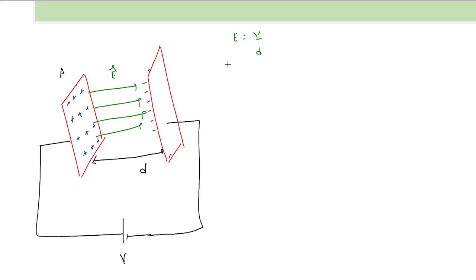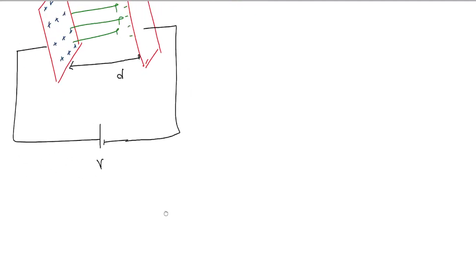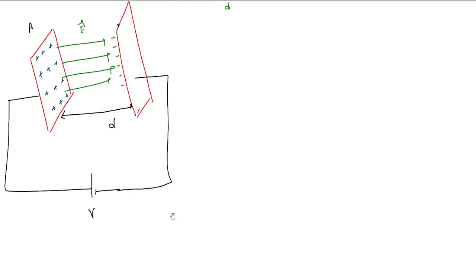Now let's find out what this E itself is. Here we assume that the plates are quite big enough so that we neglect the effect of fringing. We saw what it is in the previous discussion. So in this case, if you draw its front view, that is, if somebody sees from the front like this, then what they would see would be two lines like this.